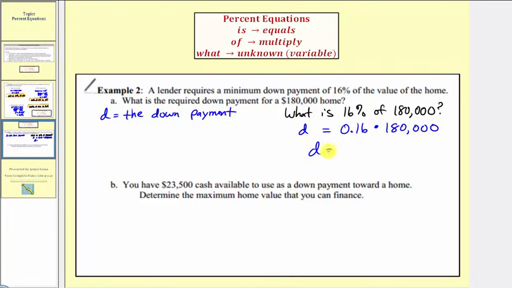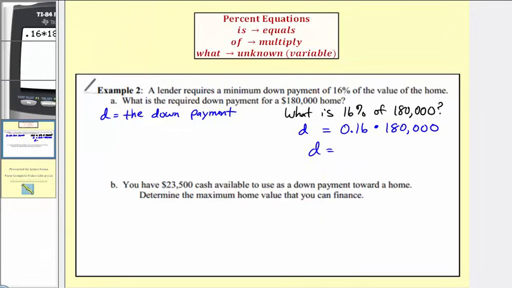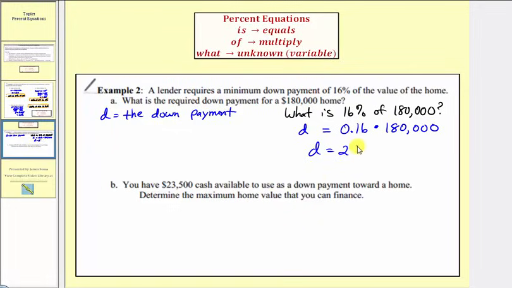So we have d equals this product, so we'll go back to the calculator. 0.16 times 180,000 is equal to 28,800. Which means the required down payment would be $28,800.